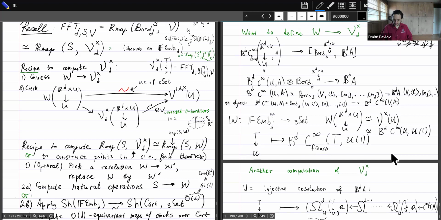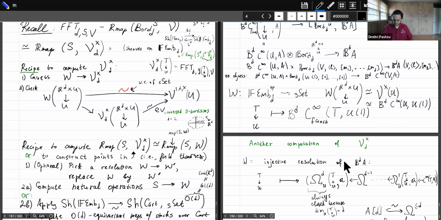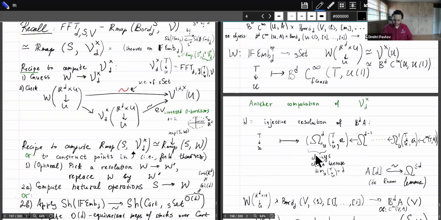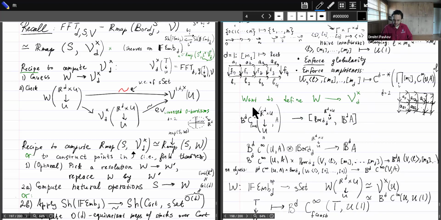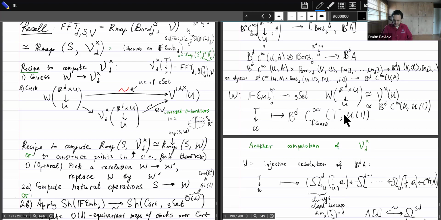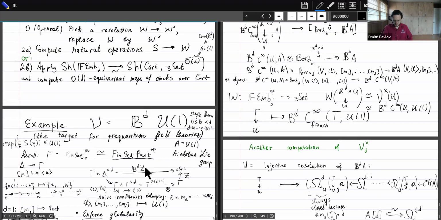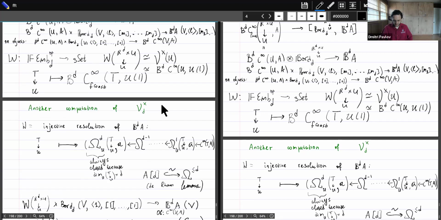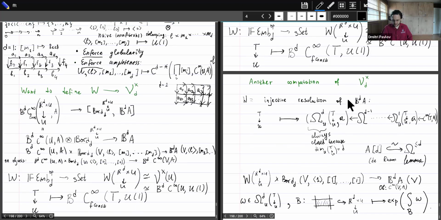And let me give you also one more example, which really tells you other options for how to choose W. Let me keep this one on this page.